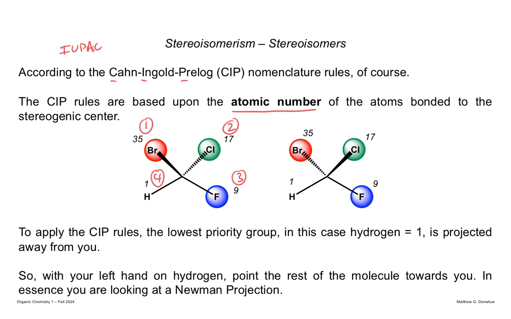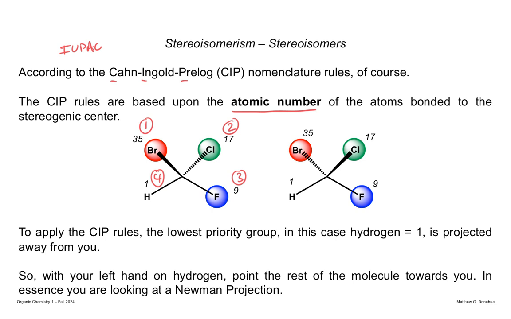Now what is challenging is when things are drawn, sometimes the lowest priority group is towards you. So either with your model, you build it and flip it, or in your mind's eye, you bring it around the other way. So really you're looking at 1, 2, and 3, and 4 is away from you. So you have to do that.